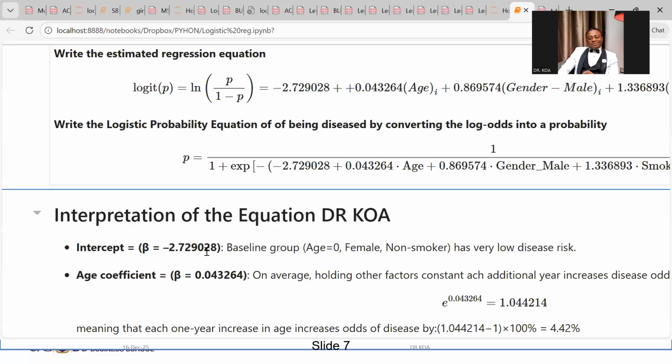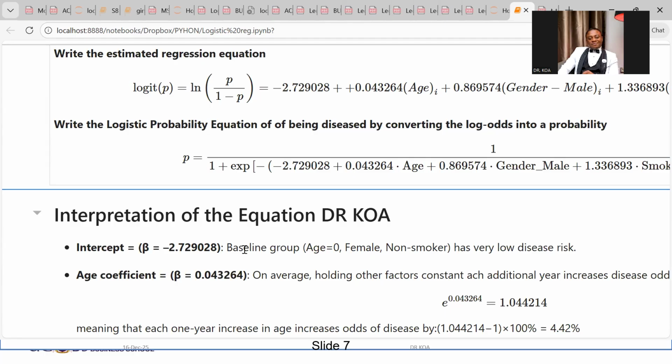So if there is no age, female or non-smoker, you see what was there was male. What was there was smoker. So these are what make up the baseline. And in terms of the numerical value, if it is a number, the baseline is 0.